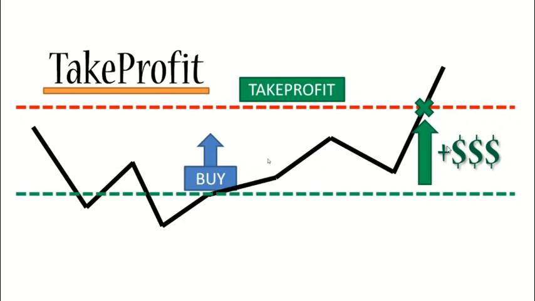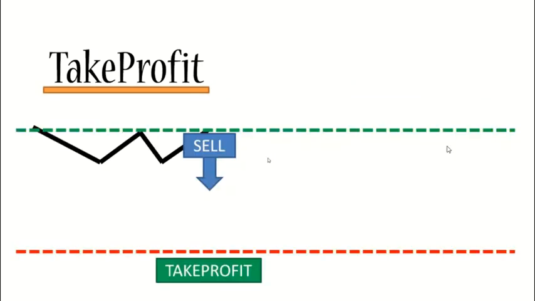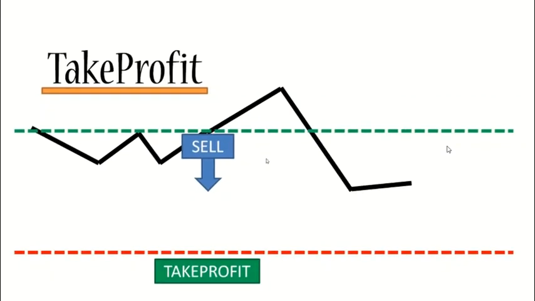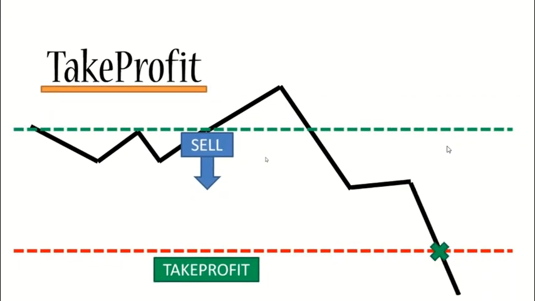Let's make another example of an opposite trade. Let's say now you want to conduct a sell trade, and you're like, yeah, the market is going to move in a downwards direction. So you take a sell here and set your take profit at an area where you feel like price is going to reach. The price moves and it hits your take profit.